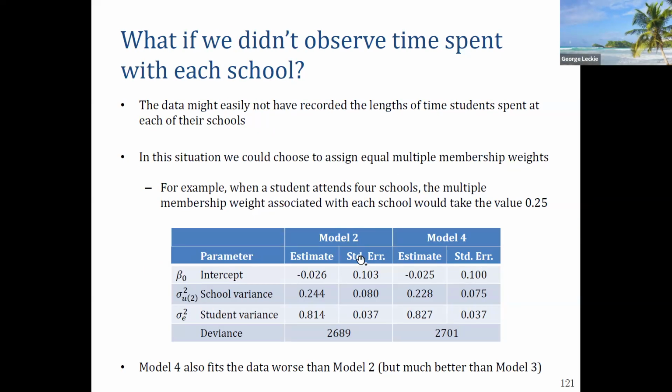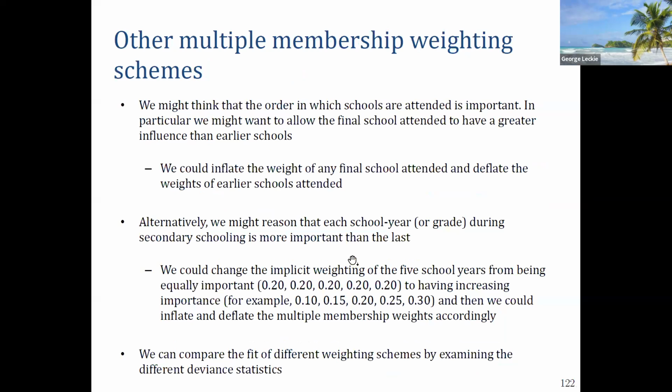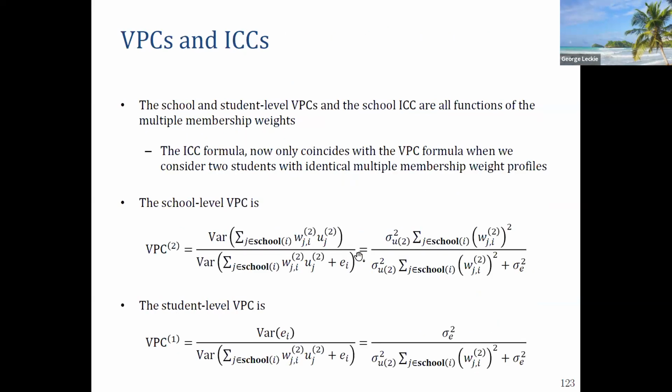I generated the data according to model 2, therefore model 2 will be the best fitting model. If you fit any model which deviates from model 2, it's going to fit worse. So you'll see the more you distort time from linearity, the worse it will fit here. But in reality, we don't know what the truth is. We don't know that time is working linearly. And you can explore that by cycling over these schemes.